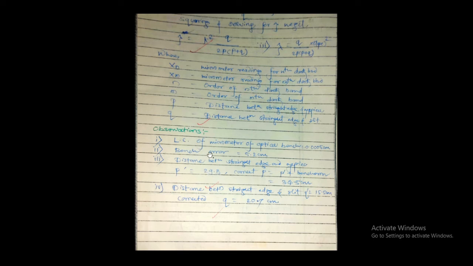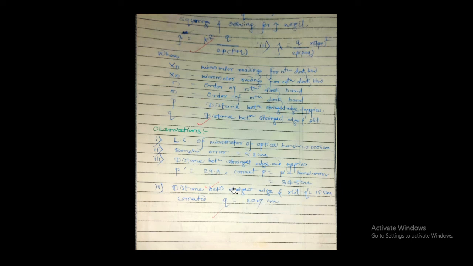The least count of the micrometer of the optical bench is 0.0005 centimeter. A different method has to be adopted for calculating the least count of the optical bench. It is a versatile instrument used for the study of optical phenomena. Now we have to calculate the bench error, the distance between the straight edge and the eyepiece, and the distance between the straight edge and the slit.